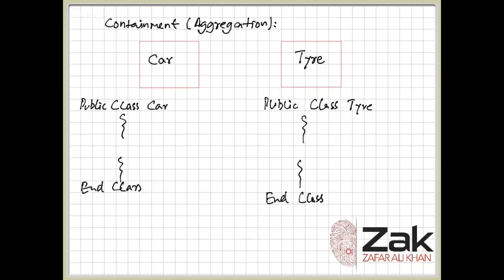What I'll be doing, I would have 4 tires here. So I would have one of the attributes which says like this: private my tires as tire. What happened here?